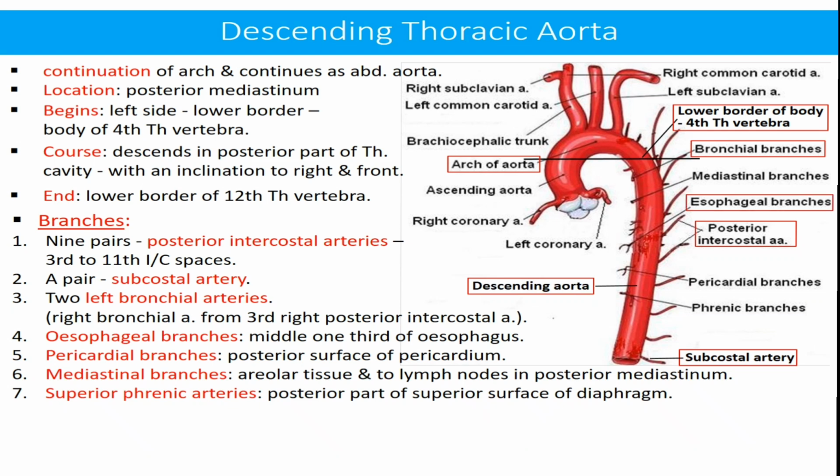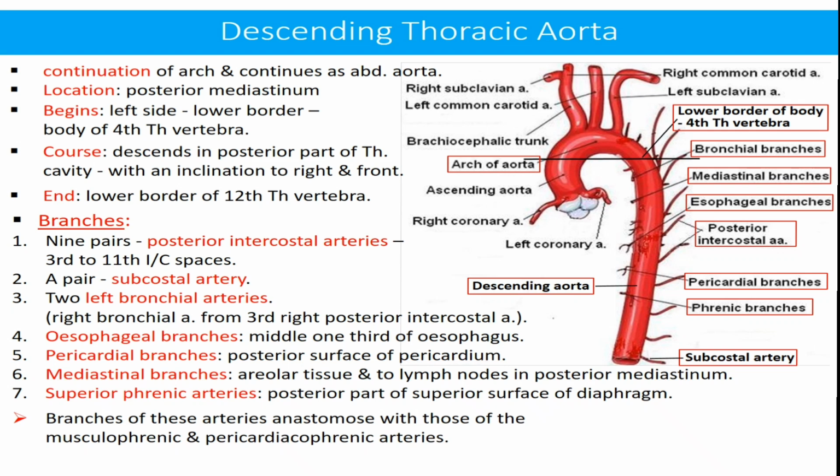Fourth, esophageal branches for the middle one-third of the esophagus. 5, pericardial branches to the posterior surface of pericardium. 6, mediastinal branches for the areolar tissue and to the lymph nodes in the posterior mediastinum. And finally, the superior phrenic arteries for the posterior part of superior surface of diaphragm.